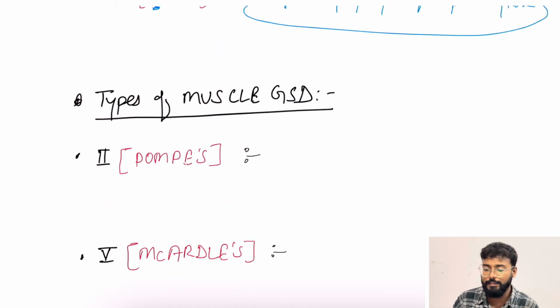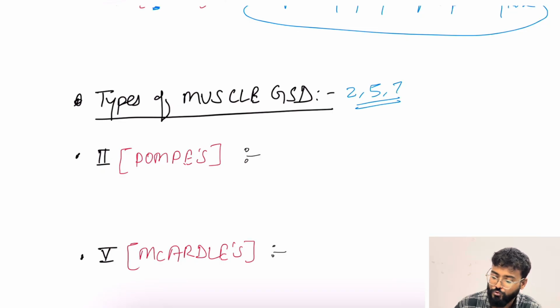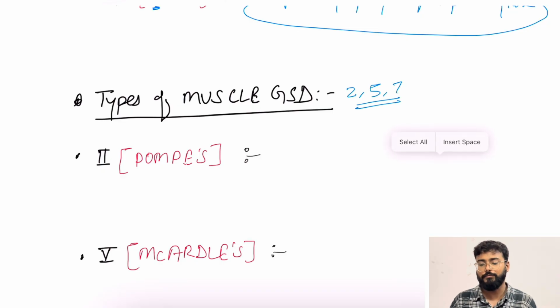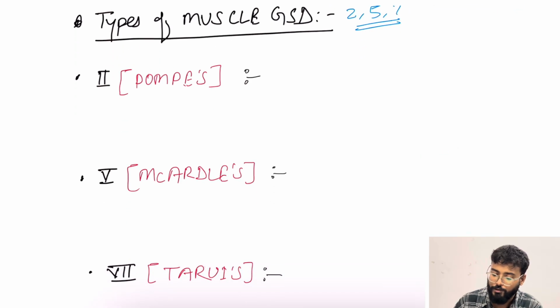There are three that we need to remember: the second, the fifth, and the seventh. So 2 plus 5 is equal to 7. That way you can remember it. So what enzyme is defective in case of Pompe's disease?